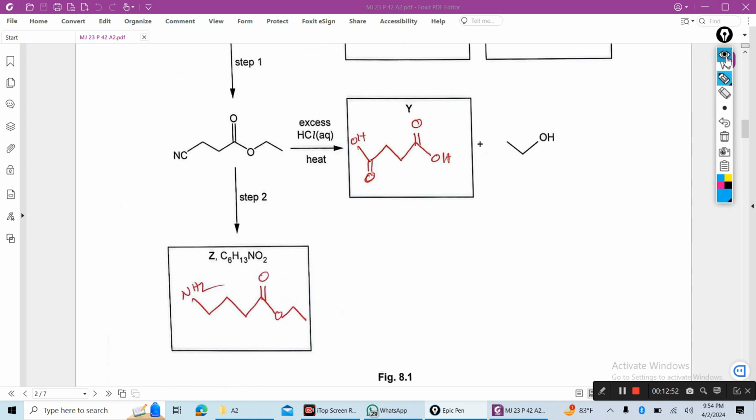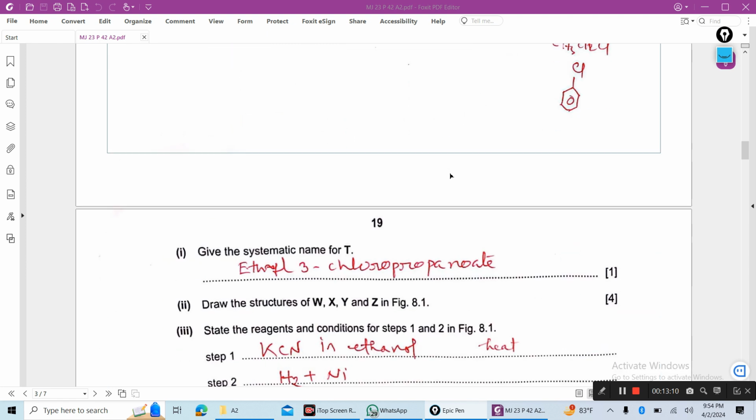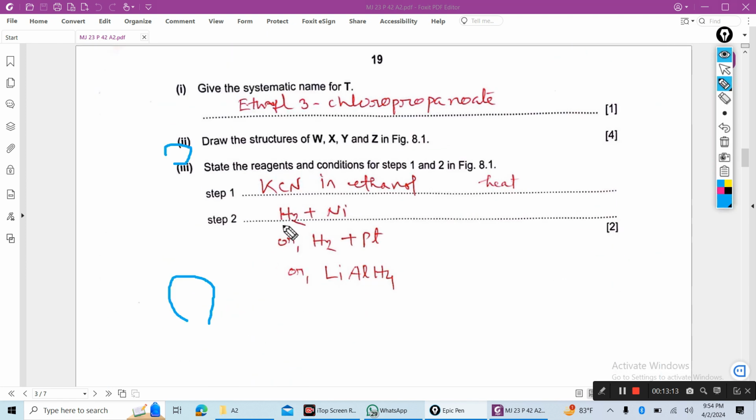In step 2, you see the CN group is converted to CH2NH2. So hydrogen is added. This reaction is a reduction reaction, reducing agent lithium aluminum hydride, or hydrogen in presence of nickel catalyst, hydrogen plus platinum condition, or lithium aluminum hydride in dry ether. When you use lithium aluminum hydride, the condition will be dry ether.